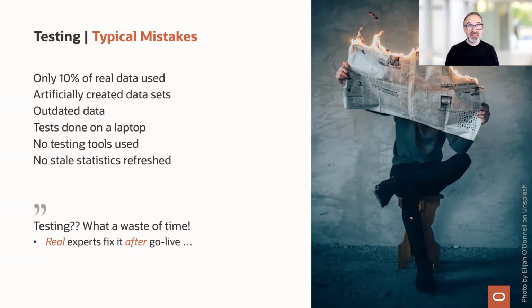Or we had terabyte installations of HP-UX in production and the testing was done on Linux. Yeah, it can work, but this is not ideal. I hope we all agree. No testing tools used, especially if you take some of the previous parts and then you have no testing environment, no testing tools, then it's bad. This is asking for trouble. And also no stale stats refresh, but we'll cover this today as well.